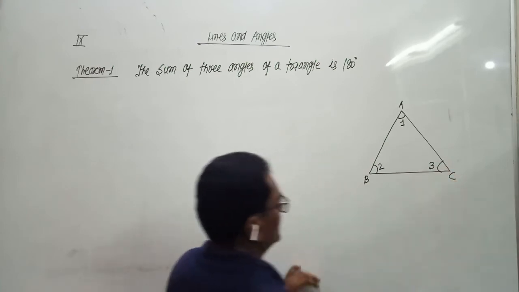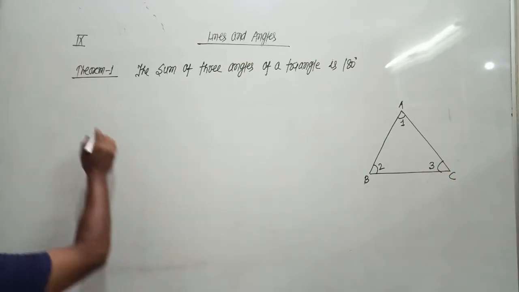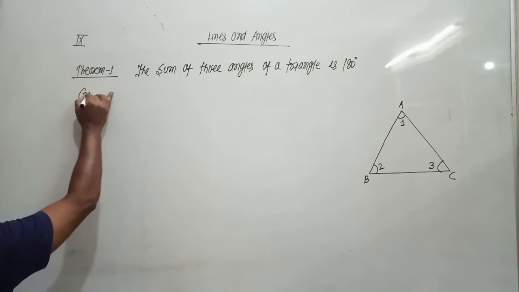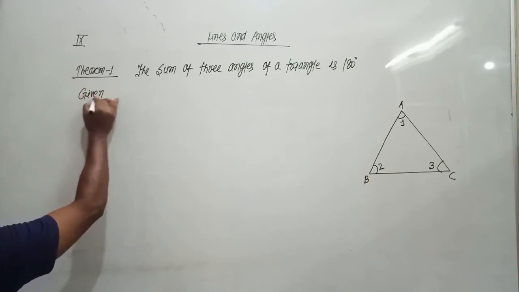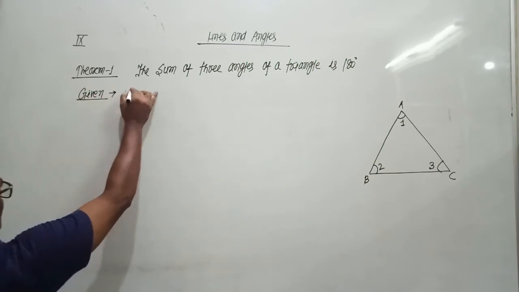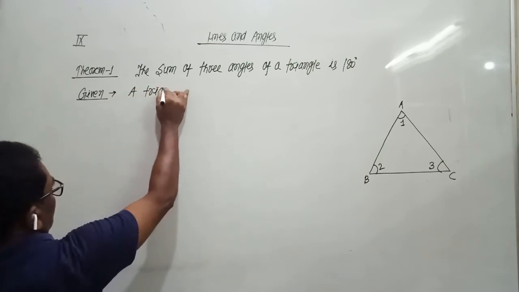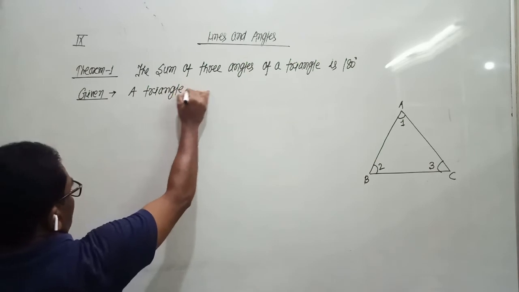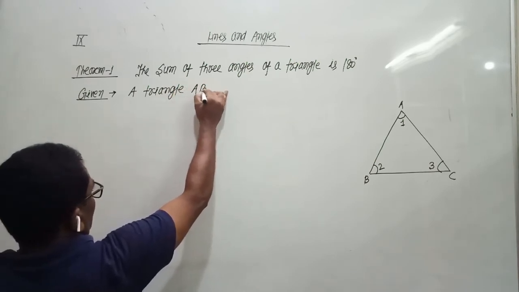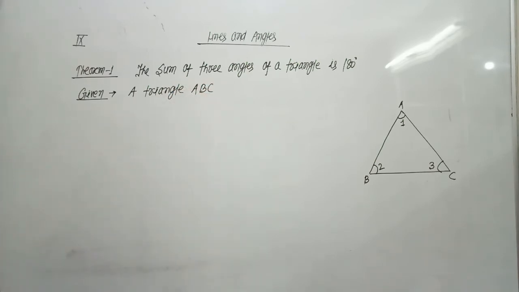So we write down first, given: a triangle ABC. Then we write to prove. What we have to prove?